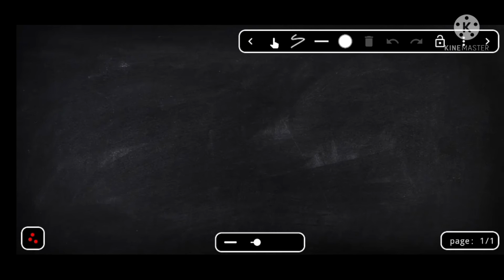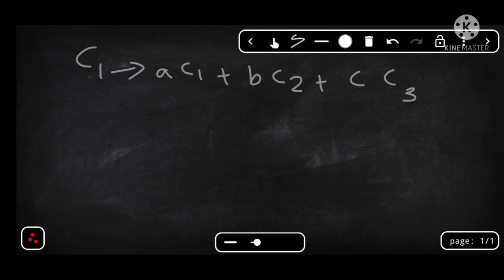First of all we can do an operation on the column C1, C1 as a C1 plus b C2 plus c C3. If we do like that, what are we going to obtain?